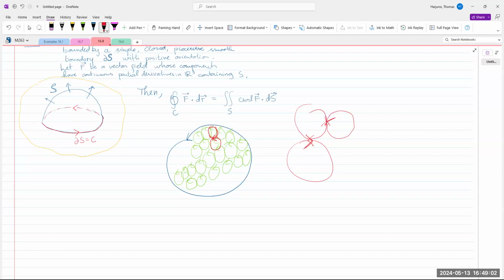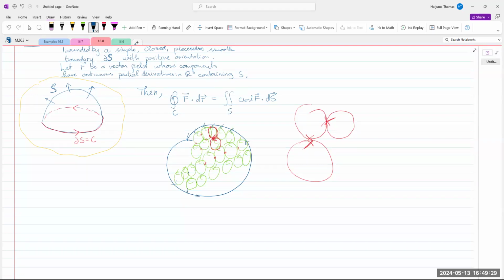So you will see that in the interior, all the curl gets cancelled. The ones not cancelled are the ones at the boundaries. I hope you can see that. Everything in between gets cancelled, but the one on the boundary is not cancelled.